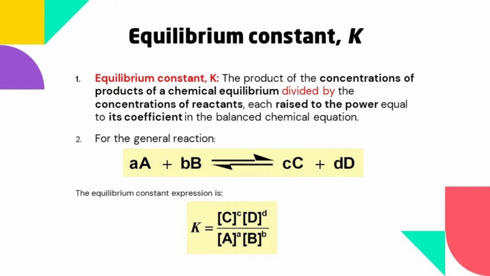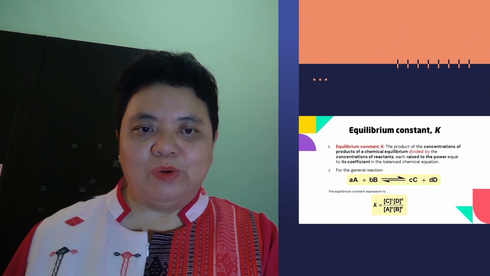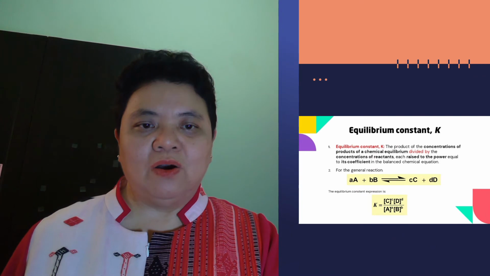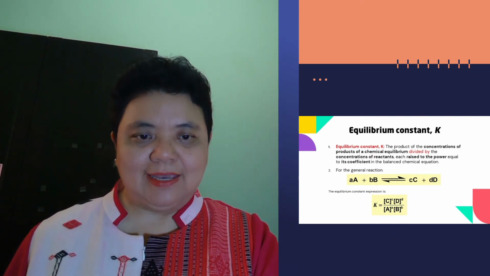So we can formulate the equilibrium constant expression as K equal to the concentration of C to the power c, times the concentration of D to the power d, divided by the concentration of reactants A and B, each to the power of its coefficient. So this is the general formula of the equilibrium constant K.